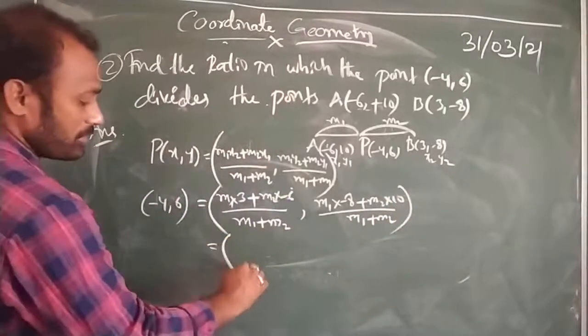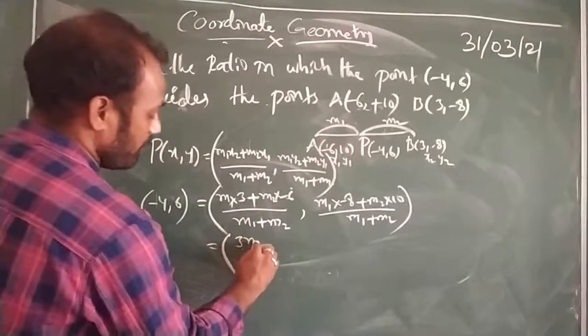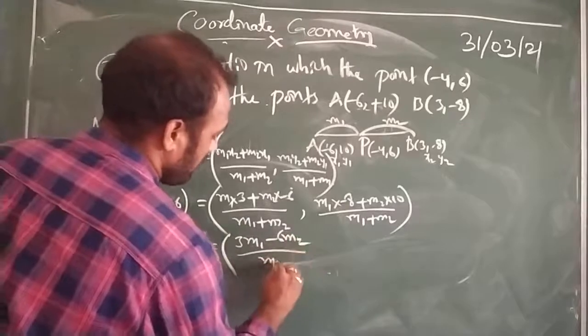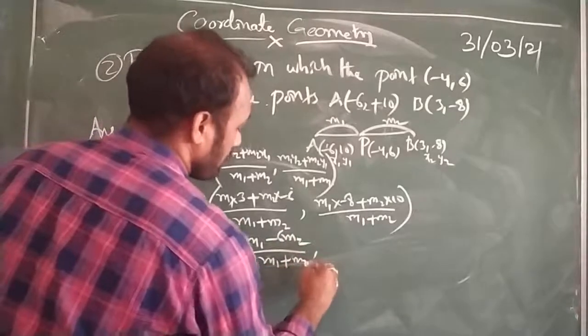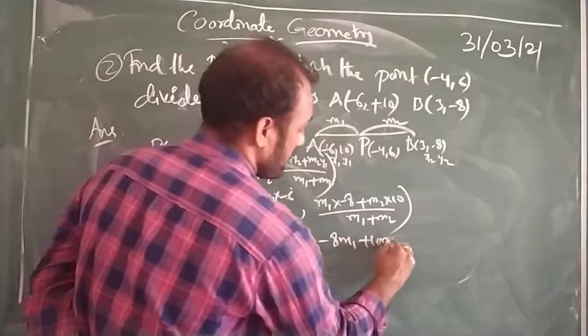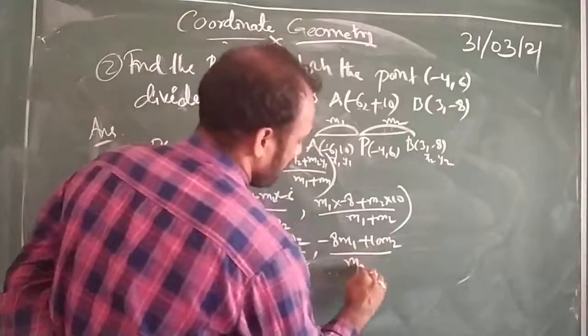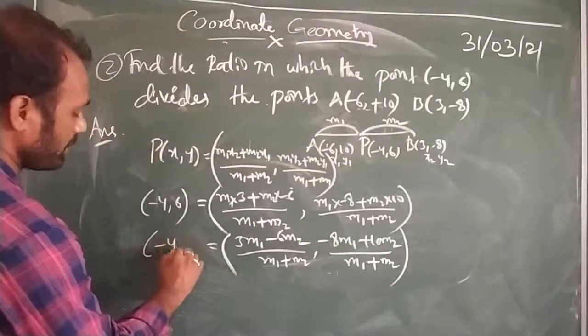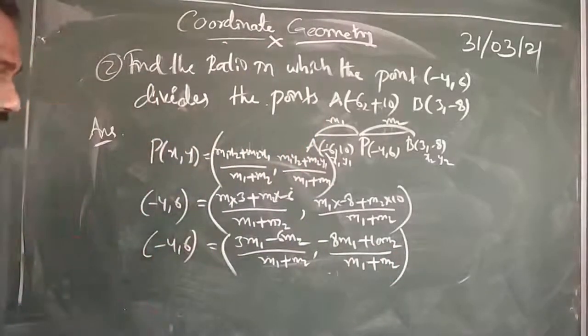So that is equal to (3M1 minus 6M2) divided by (M1 plus M2), comma, (-8M1 plus 10M2) divided by (M1 plus M2). That is (-4, 6).